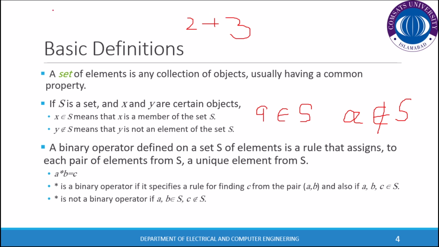Let us say that there is a set D, and this D is decimal numbers. For example, if I have 2 plus 3, 2 belongs to D, 3 belongs to D. Both of these are elements of D. So when I say that 2 plus 3 gives 5, the answer 5 is a unique number for them.